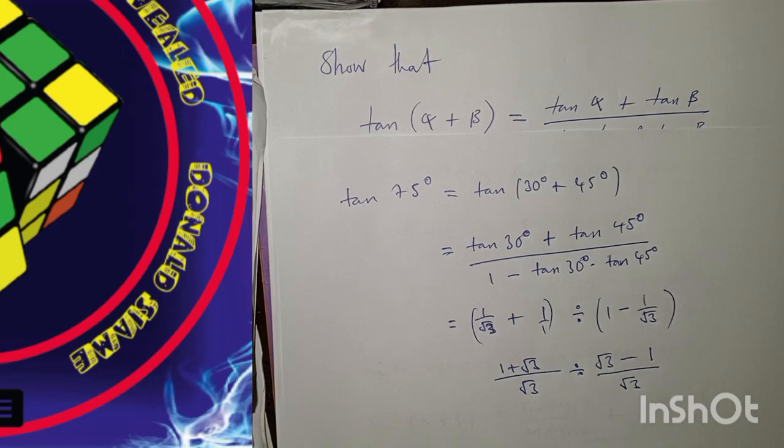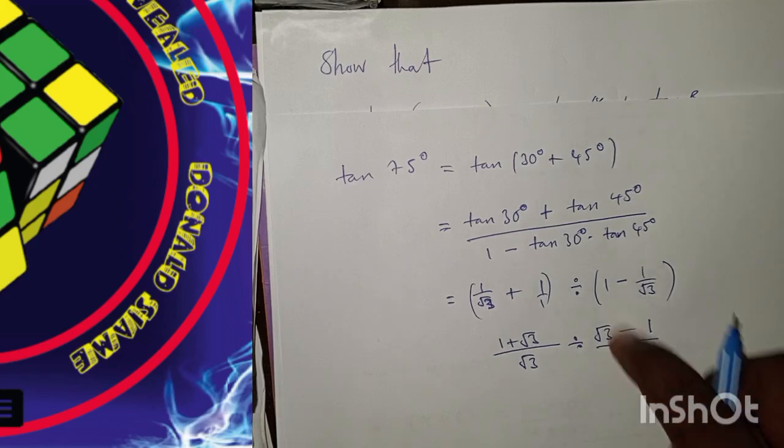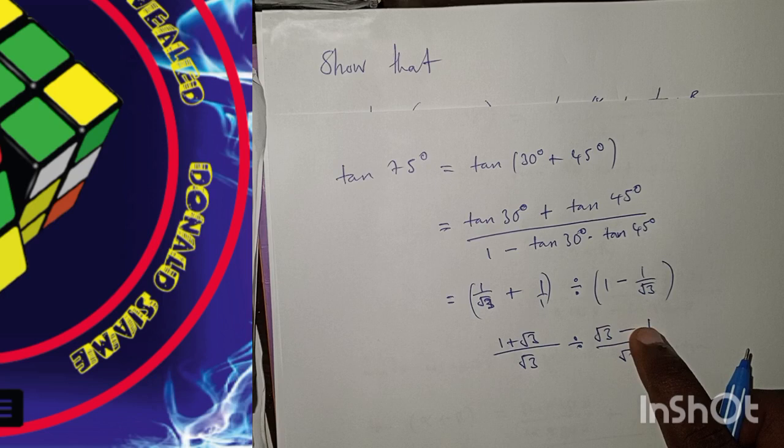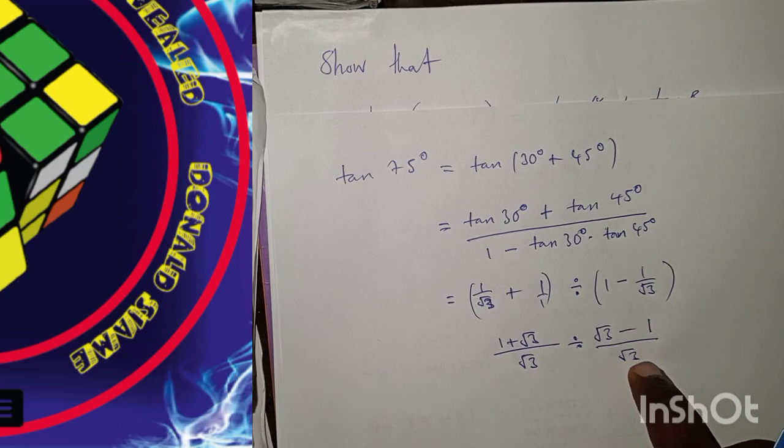Okay, so we are dividing. Since we are dividing, we can change this to multiplication. So this fraction here will interchange. The denominator will be the numerator, the numerator will be the denominator.